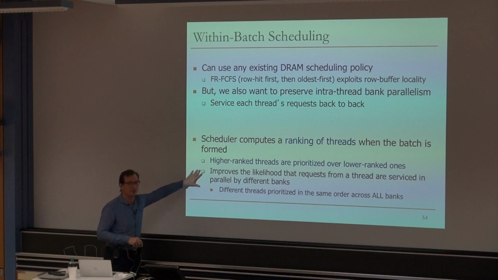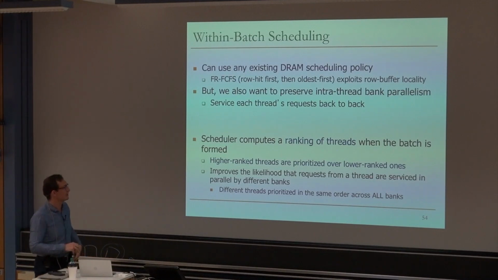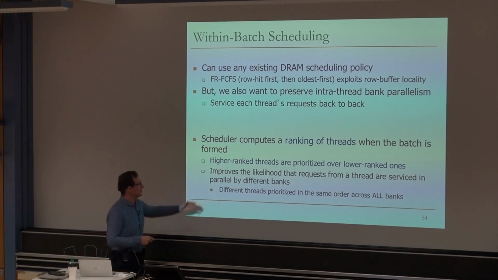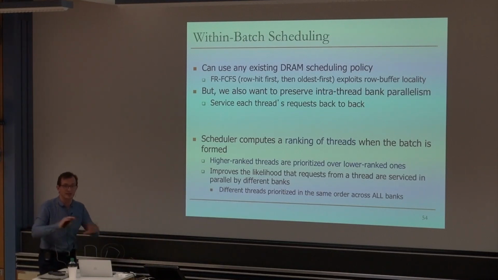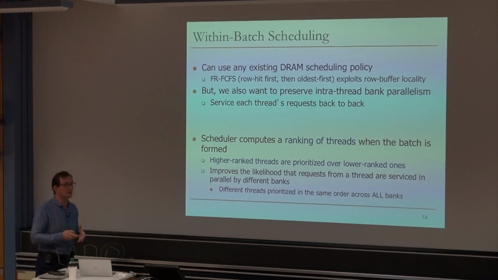If thread 0 is prioritized in this bank, it's prioritized in the other bank also, and in the other bank also. And you could actually extend this ranking to different memory channels, memory controllers. Basically, different threads are prioritized in the same order across all banks because everybody's aware of this ranking. So that's the idea. So now the next question is, how do you form this ranking?